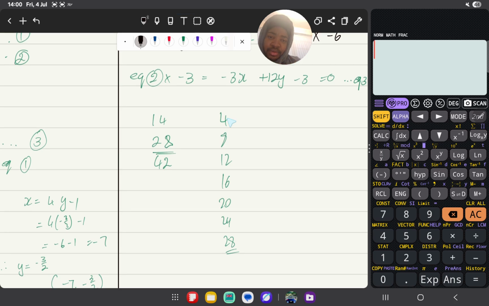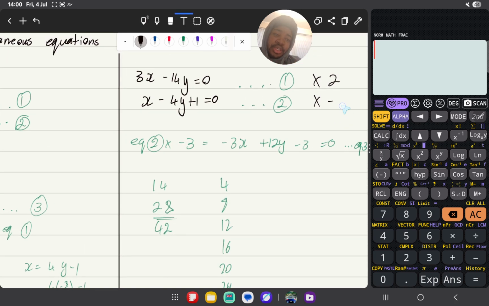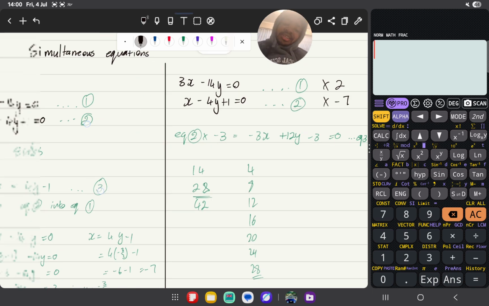Let me check. 1, 2, 3, 4, 5, 6, 7. No, not 6, but by 7. The reason I'm multiplying by negative here, it could be negative here or here, is because I want to make sure that the coefficients are the same value, but the signs are different. One is positive, one is negative. So when I add them together, 0. So that's how you would eliminate y in this example.